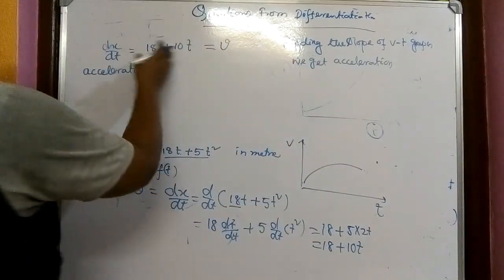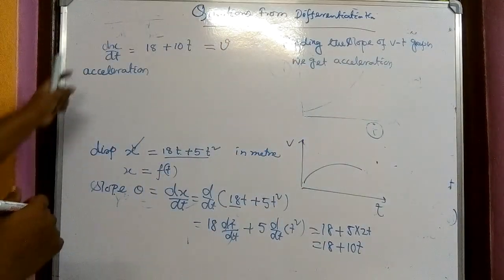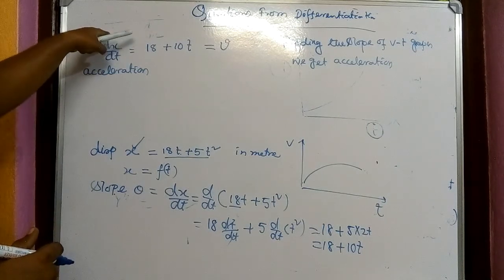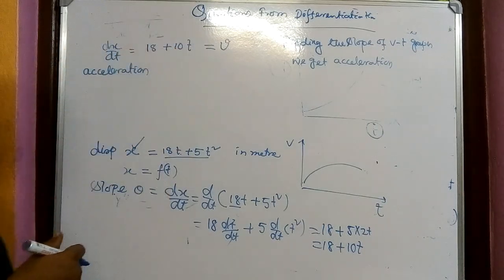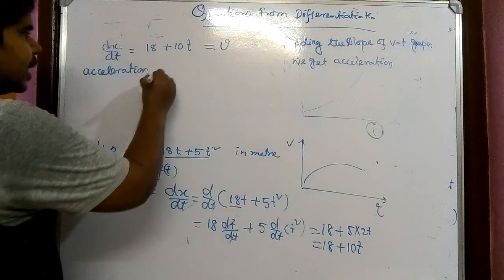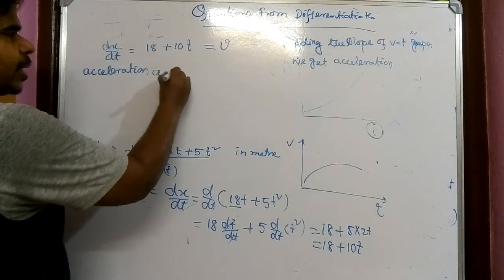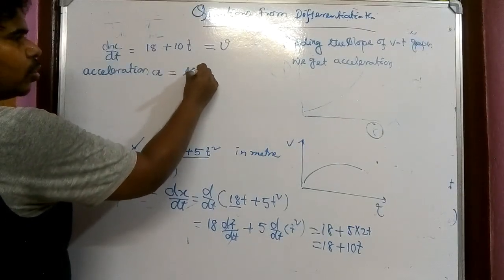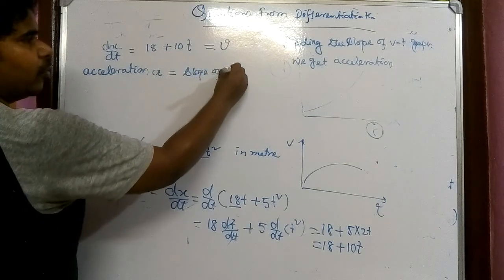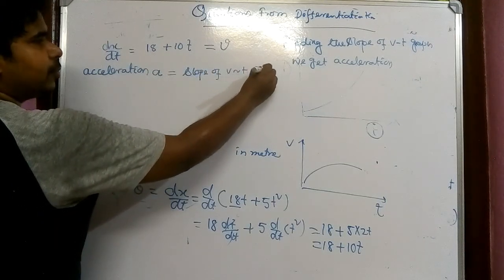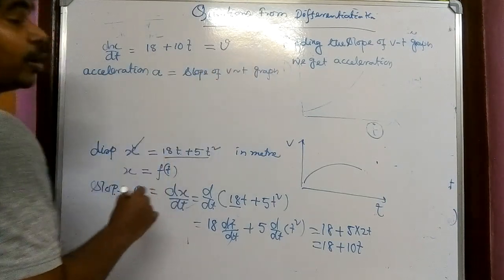So we'll get velocity. Okay, so we differentiate the displacement once, we'll get velocity. If I want to find acceleration, so acceleration is what? Slope of the velocity time graph. We have already known it.